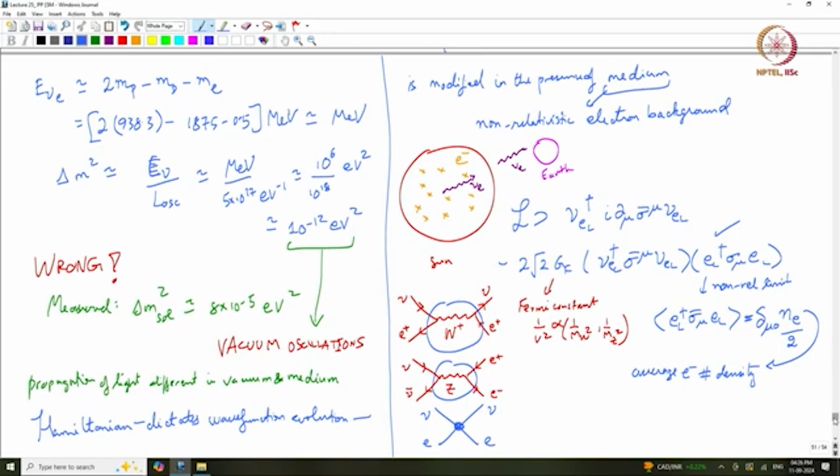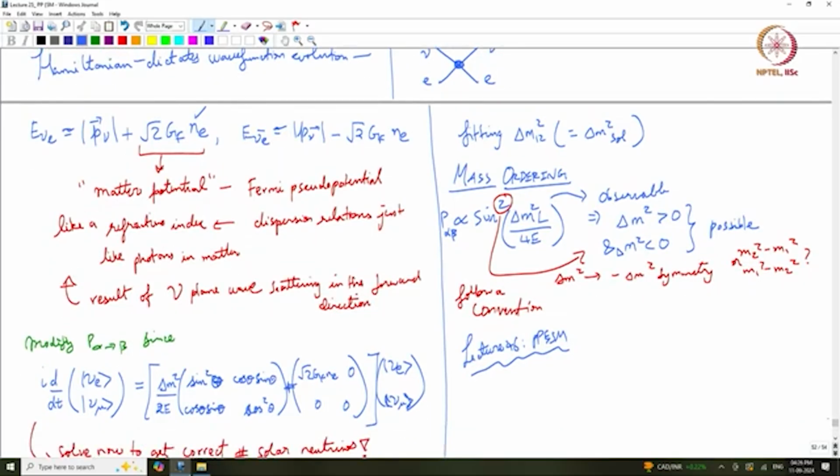So, in the non-relativistic limit I can modify the Hamiltonian, which I can do by first inspecting the Lagrangian and seeing that the interactions of neutrinos with the electrons can now be re-expressed in terms of the number density of the electrons, and there is a crucial factor of GF, the Fermi constant, in front, which is what we call the matter potential, and which I argued is actually a Fermi pseudo potential. All of this just comes from the forward scattering of neutrinos, neutrino plane waves, in the presence of matter.